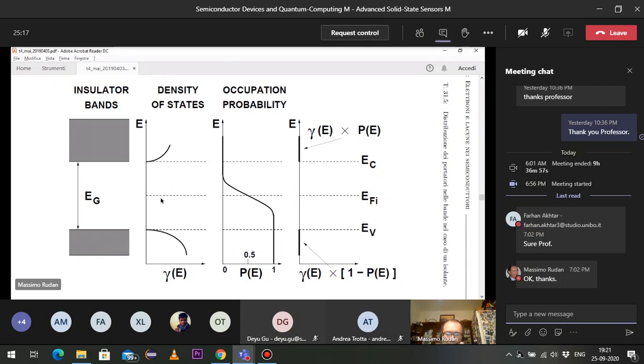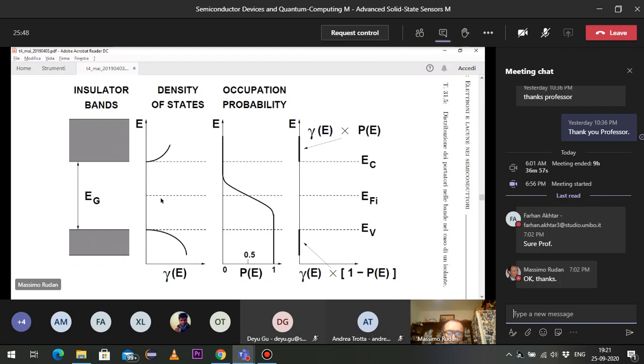If you look at the central part of the figure, you see that the Fermi statistics is almost exactly equal to 1 in the valence band, going bottom up. It is still 1 inside the gap, then it has a slope, it goes to 0, and when we enter the conduction band, it is already 0.